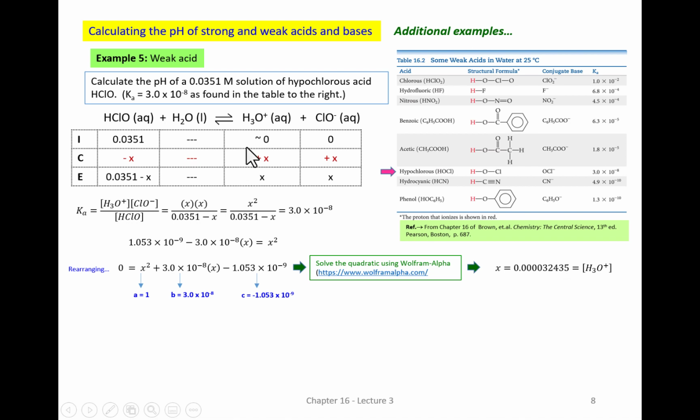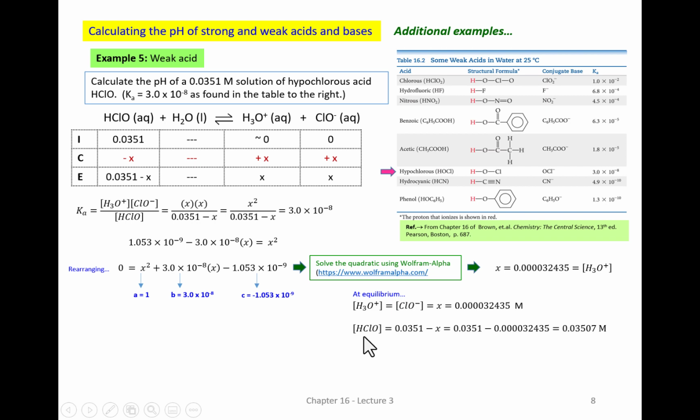And of course, the ICE table tells us that that is the concentration of hydronium ion at equilibrium, and would also be the concentration of hypochlorite ion. And so we state that here, hydronium ion and the hypochlorite ion both have a concentration of 0.000032435 molar.